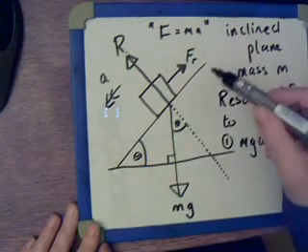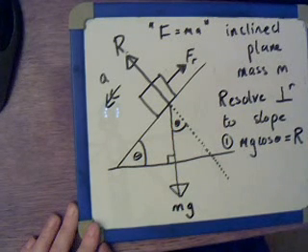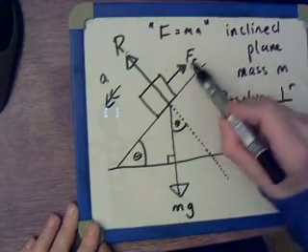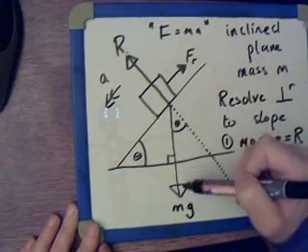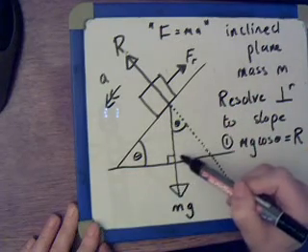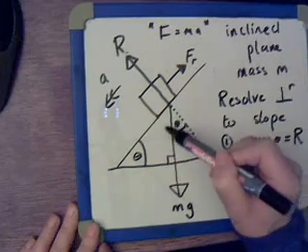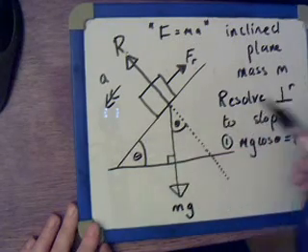Now equation 2 involves the application of Newton's second law because there's an acceleration. The resultant force equals mass times acceleration. Now we have obviously a friction acting that way, but the resultant force is the component of mg acting down there. Now if that's mg cos theta, this here will be mg sine theta in the other direction.